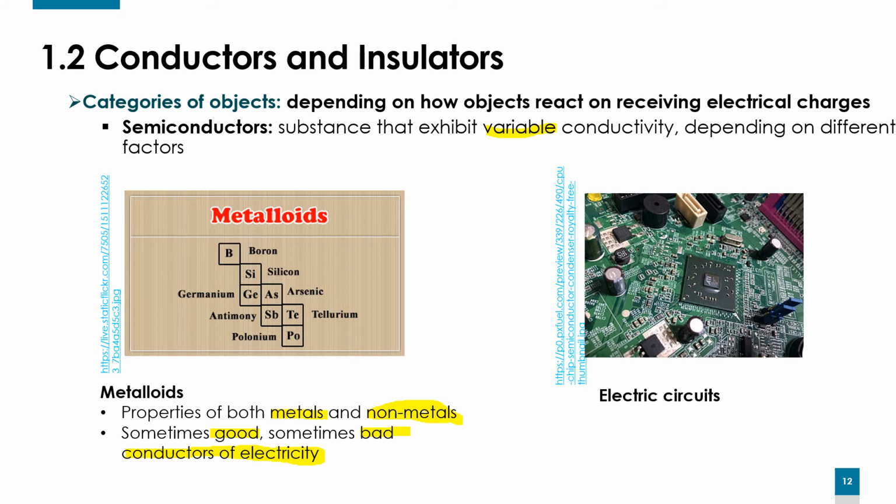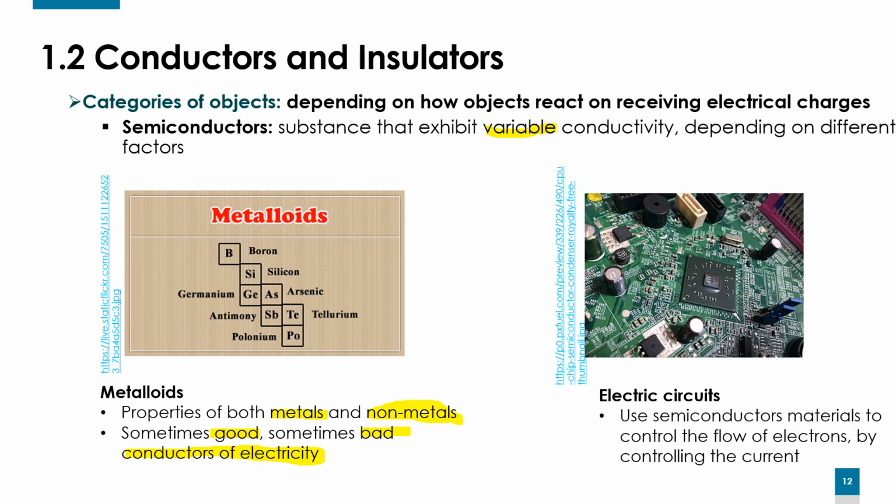So we use semiconductor materials to control the flow of electrons. I need materials that I can control to control the current, so the flow of electrons happens according to what I need.